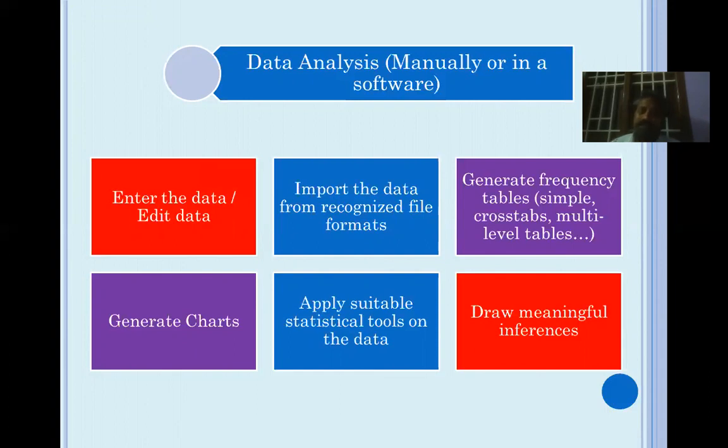Once these statistical tools are applied, you get some output, and these responses are to be inferred. You should analyze and write the interpretation. All these things take place in the process of your research work called data analysis.